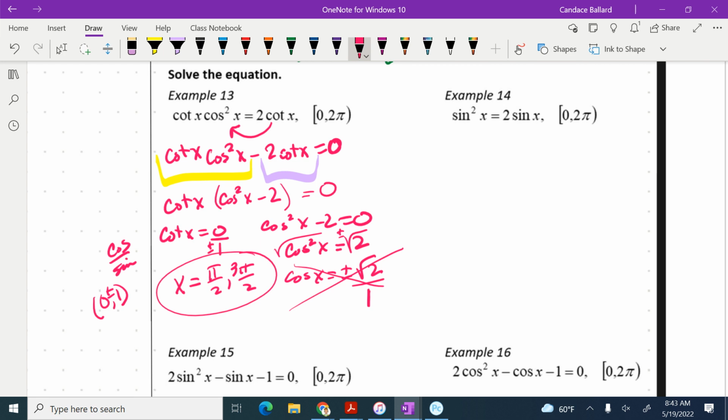All right, I want you all to try number 14 on your own. Okay, similar idea, except the trig is a little bit different. So try it. See what you can do with 14, based on what we just did. Very similar steps.